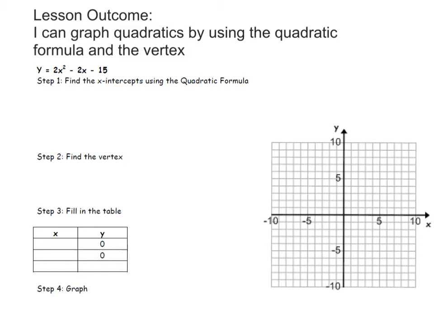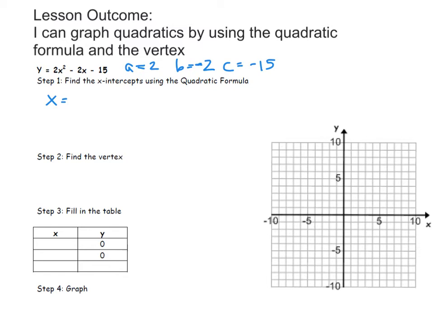All right, so first of all, we'll start with naming our A, B, and C value so that we can use the quadratic formula. A is 2, B is negative 2, and C is negative 15. All right, so let's fit them into our quadratic formula.